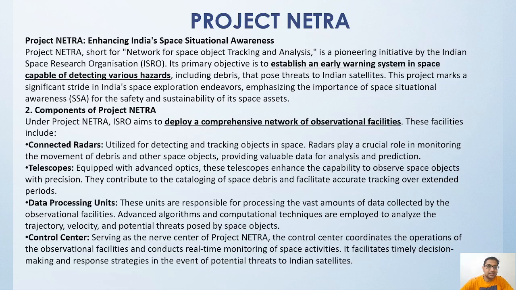Here we can see it will establish an early warning system in space for detecting various hazards. It will work like an early warning system: if any debris is coming, this radar will be able to track it and properly inform that something is on the trajectory, like debris, of an Indian satellite or maybe a foreign satellite.